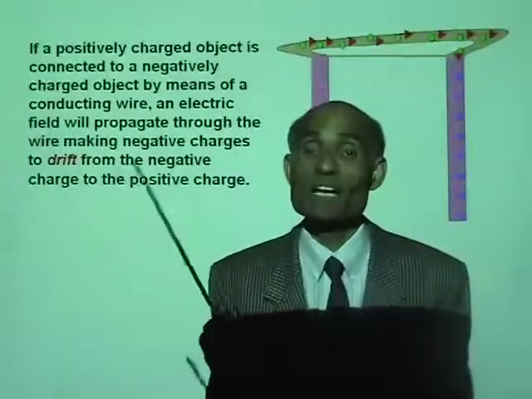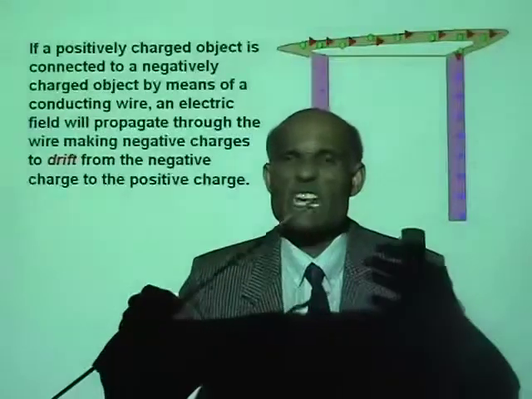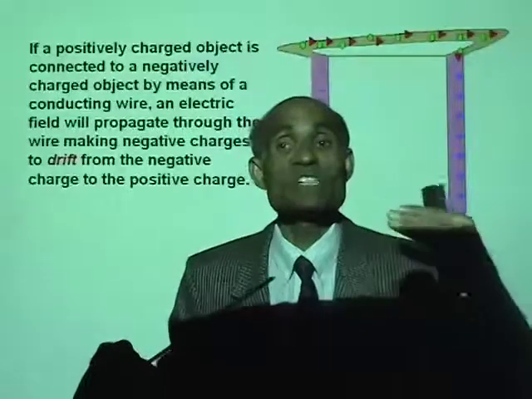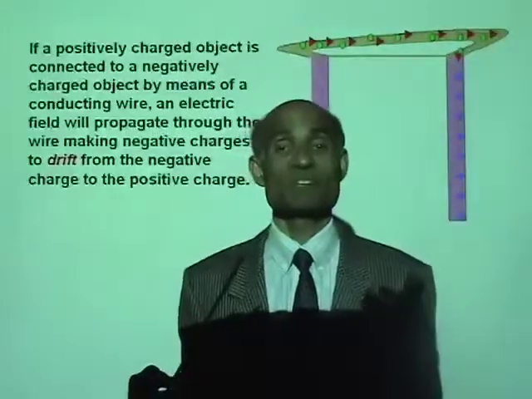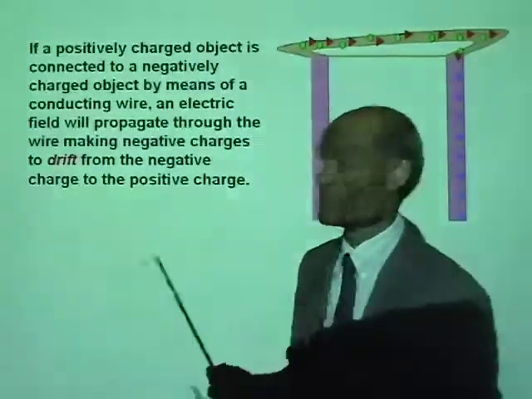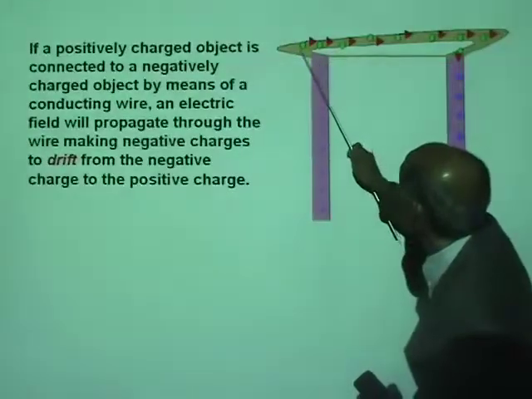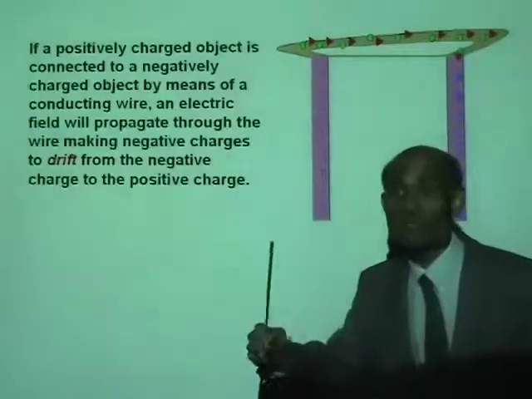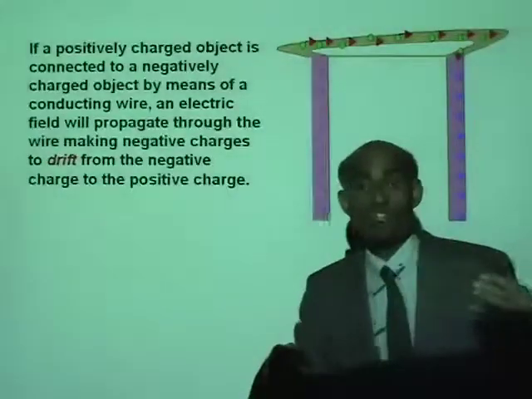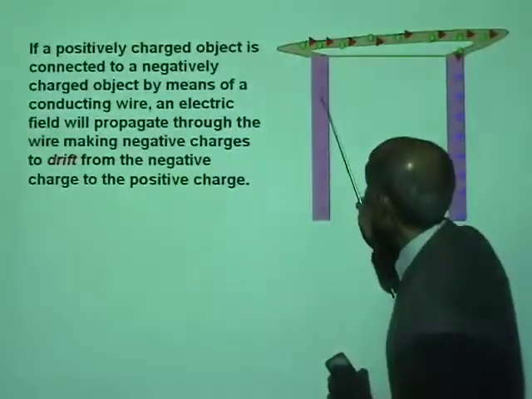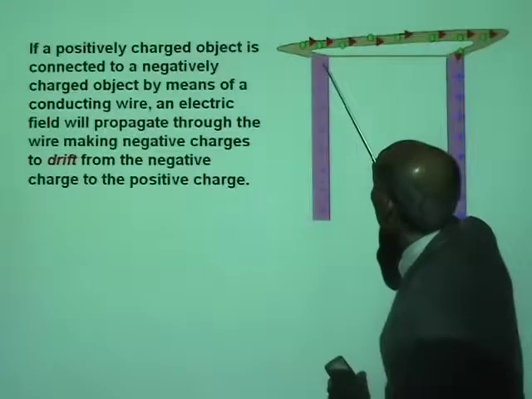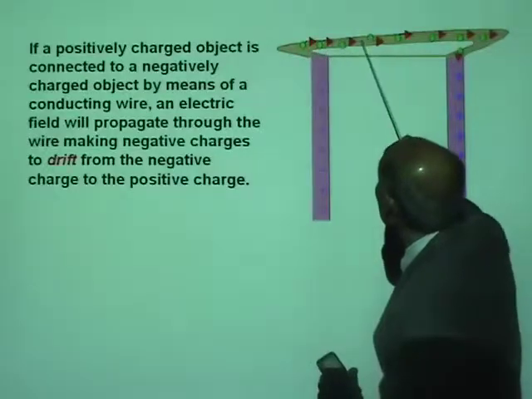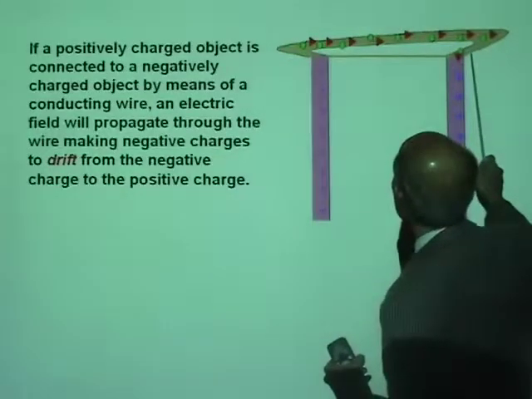A conductor is something that has free charges in it. Free what charges? Is it free negative or positive charges? Free negative charges. So, look at this. This conductor has a large number of negatively charged electrons that are free to move. And when they are connected like this, these electrons will move from the negative to the positive.